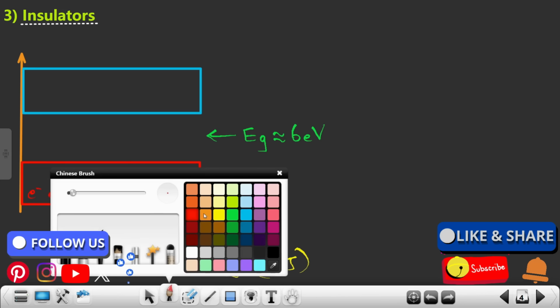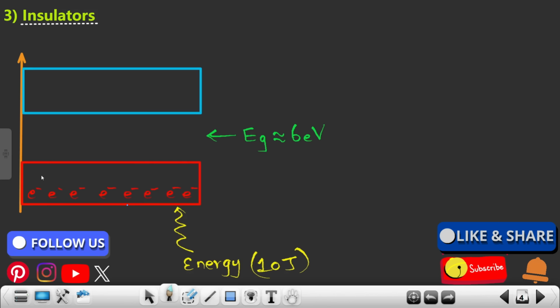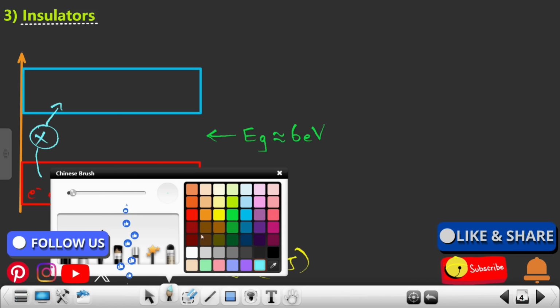So basically what is happening here? If you look clearly, the electrons present in the valence band are unable to move to the conduction band. In case of insulators, the electrons cannot move from the valence band to the conduction band.